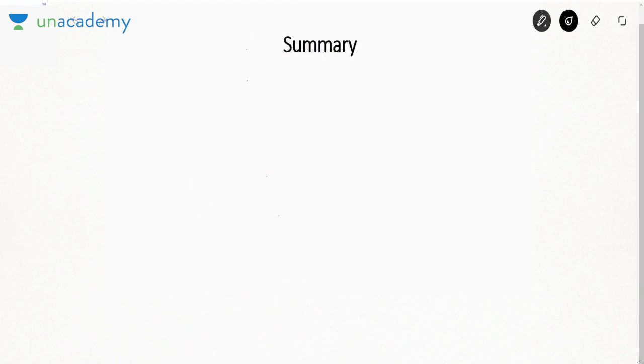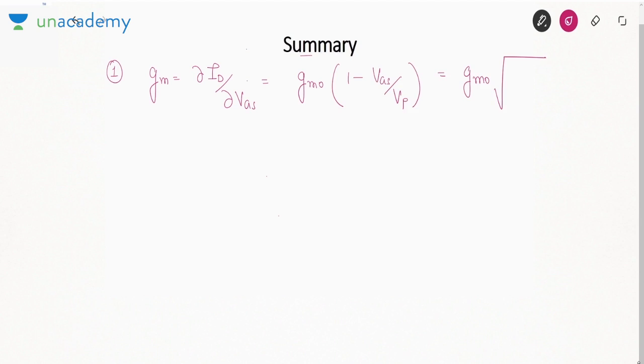So if I summarize what we have covered in this video, we found out the transconductance. It was del ID by del VGS, which was gm0 (1 minus VGS by VP). It was also equal to gm0 under root ID over IDSS, where gm0 was 2 IDSS by mod VP.